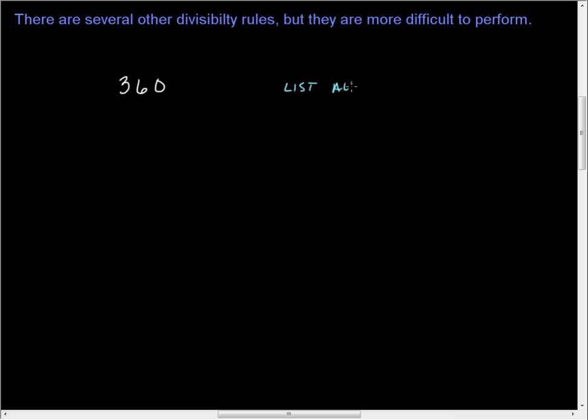List all numbers 1 through 10 that divide 360. Okay, well, it ends in a 0. Right there we know that 0 is even, and so 2 works, 5 works, and 10 works.